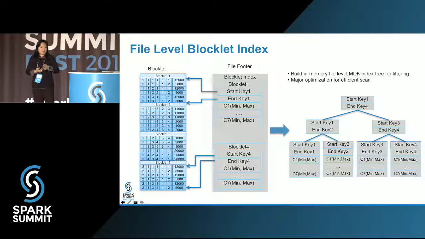At runtime, with this information we build an in-memory representation of the block index, a B-tree index for efficient filtering. We are finding it has been very optimal, doing a much better job of filtering out blocklets within the file, in a way in which we can safely exclude more blocklet scans compared to a min-max index alone.